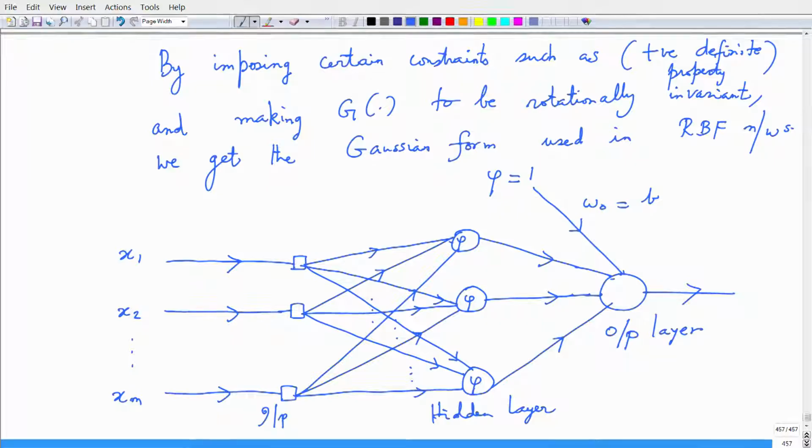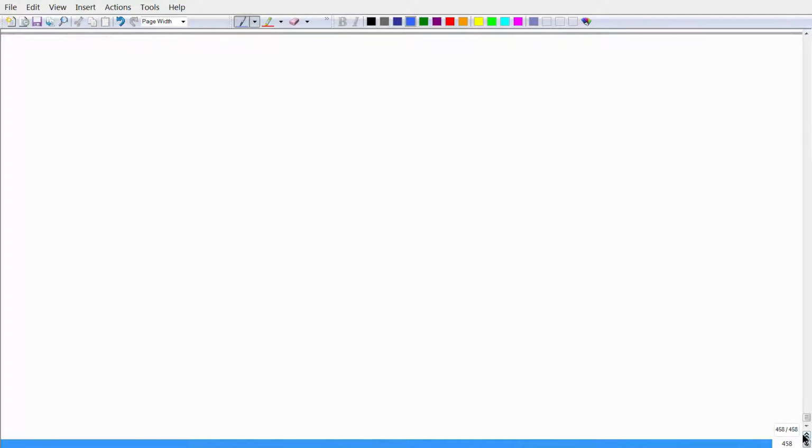Now, let us see this from the approximation theory point of view, what desirable properties we need for this regularization network to have. I will list 3 of them here.